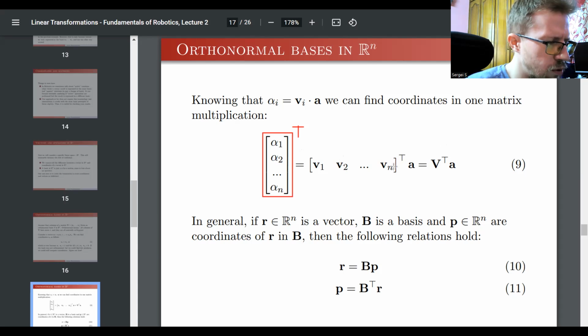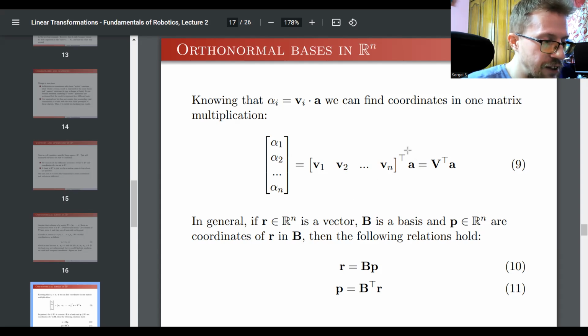I think, no, yes? No, it shouldn't be. Sorry, it's not a row vector. Sorry, I was confused because of this. Sorry about that. Anyway, so we can represent those series of dot products this way, and what we get is just a multiplication of this basis matrix times a.